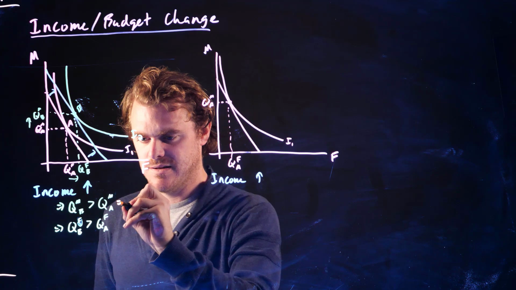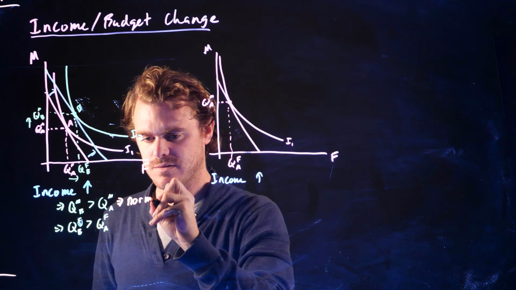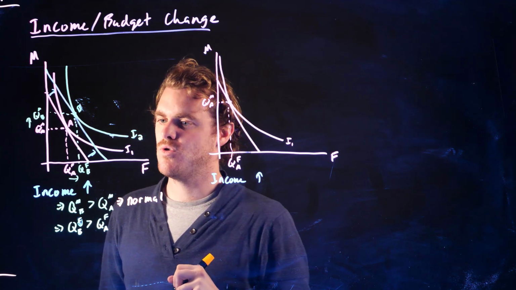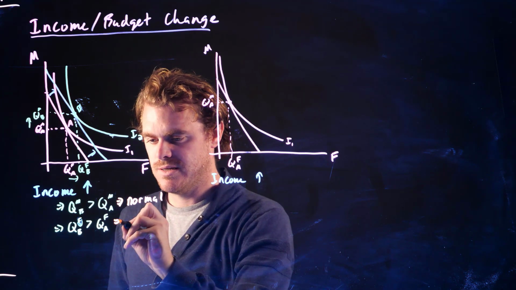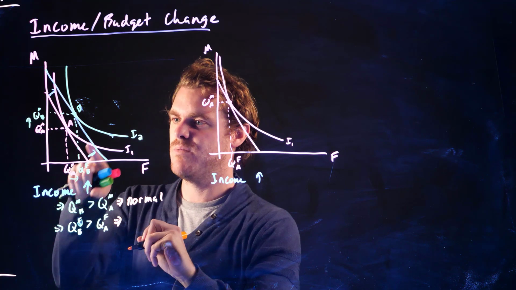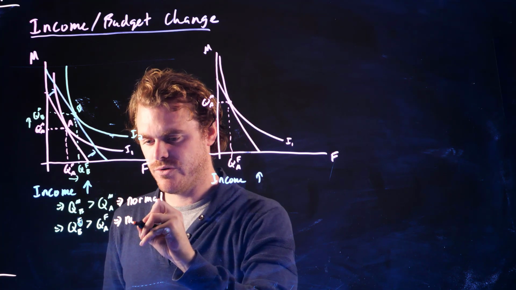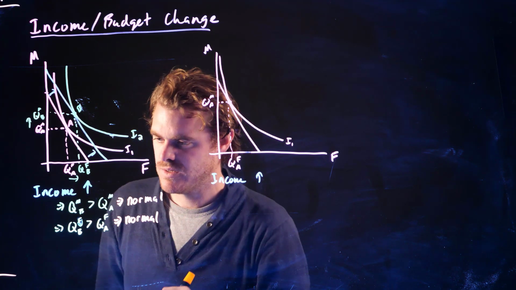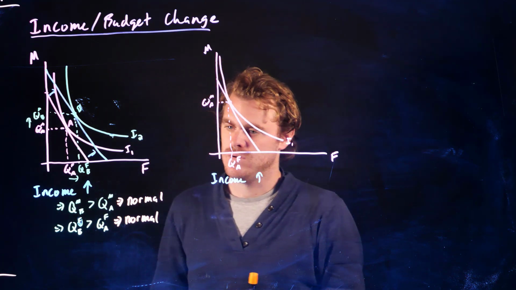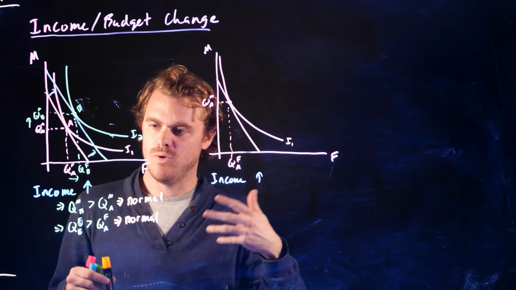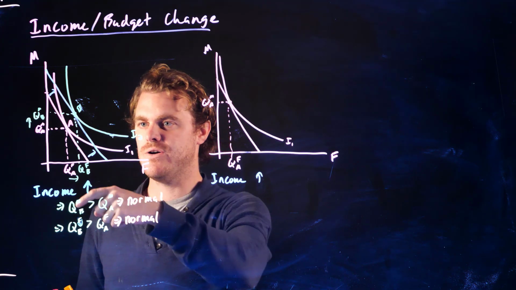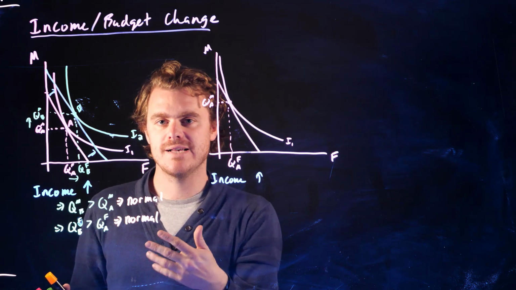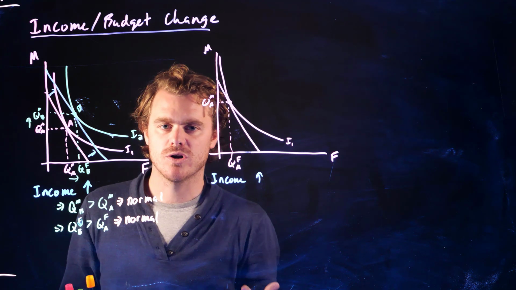That means that mangoes are a normal good. Our income goes up, and we want more of them. Same thing with fish. Our income goes up, we want more of them. So they're both normal goods. When our income goes up with normal goods, we purchase more of them. If our income went down and we purchased less of the good, it's a normal good as well.